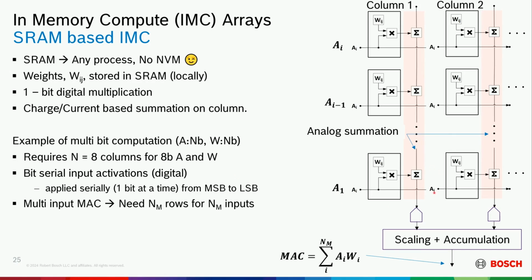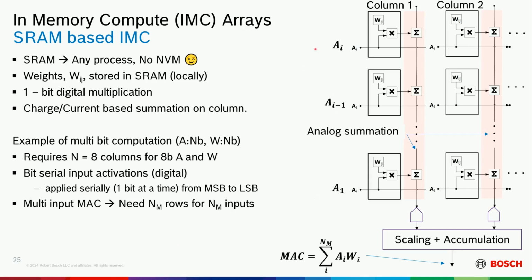Then you need to do some scaling and accumulation afterwards to get your full MAC computation, and you have to scale it by the bit precision or location of each column. So if this is the MSB, it's 2 to the 7, all the way to the column on the right-hand side, which would be scaled by 1.